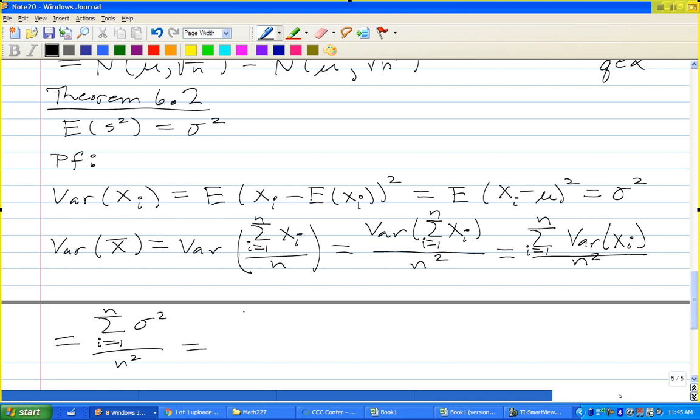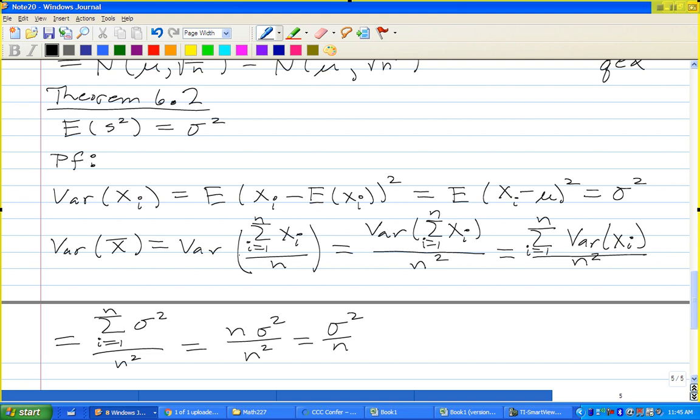Which is equal to, well, there are n of these, and these are constant. So n sigma squared over n squared. And so I have sigma squared over n.